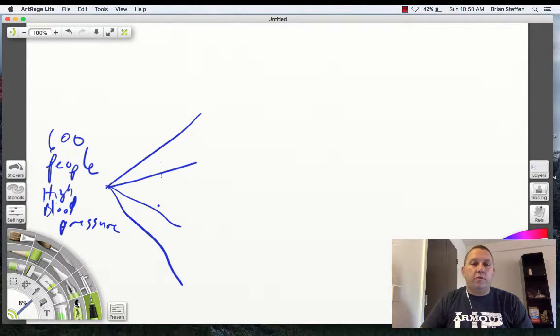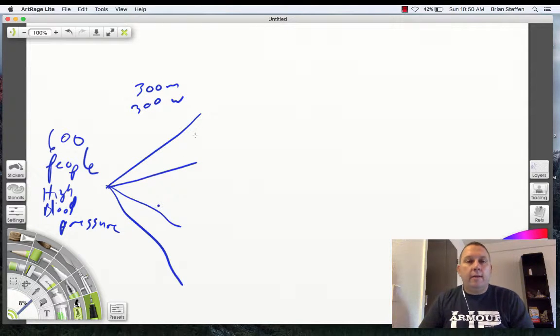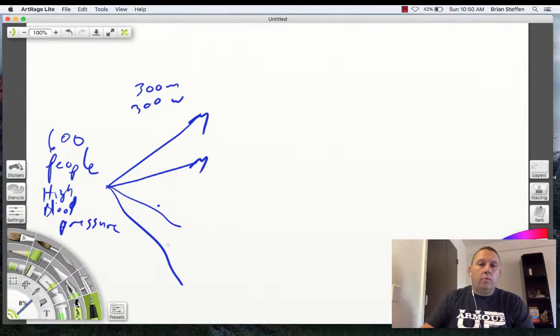So let's make these first two. Let's say there's 300 men and 300 women. So the first thing we need to do is we need to take these 300 men and split them into two equal groups. So it doesn't have to be equal, but it sure helps.